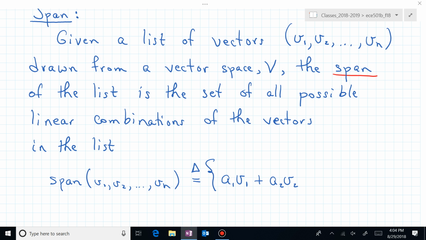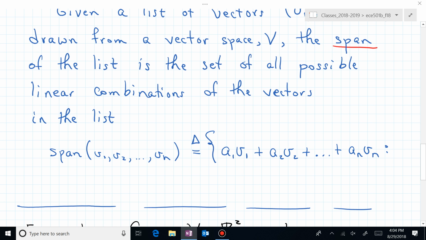So a1 v1 plus a2 v2, these are scalar multiples or linear combinations of these vectors in the list, such that a1, a2, up to a sub n are coming from the field that we're interested in or that we're playing over.